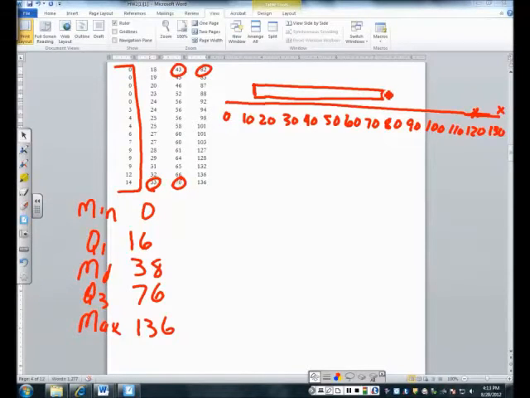And then a line in the middle for the median, 38, and then extend whiskers down to the low value and up to the highest value, which is 136. So that is a simple box plot.